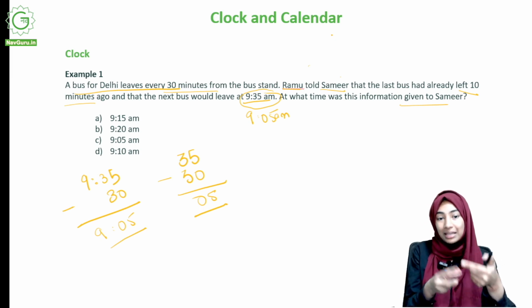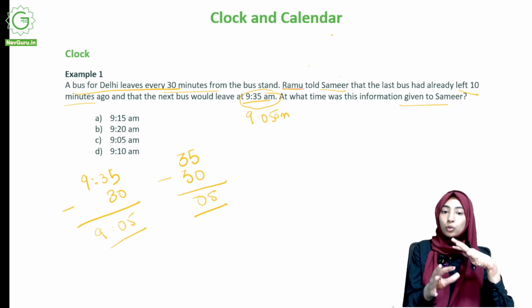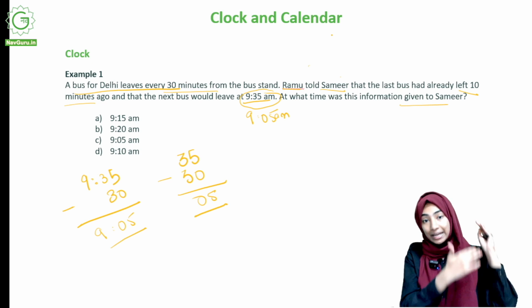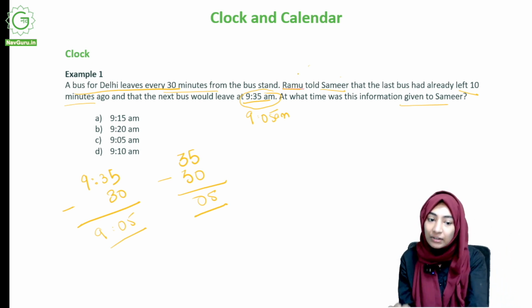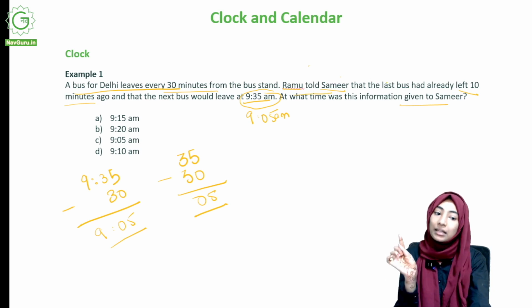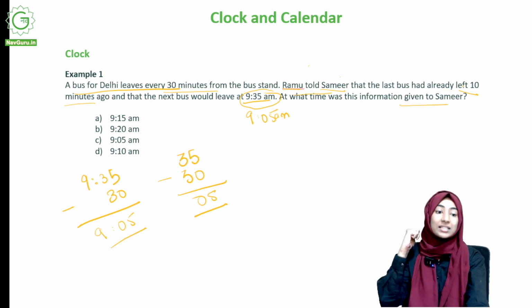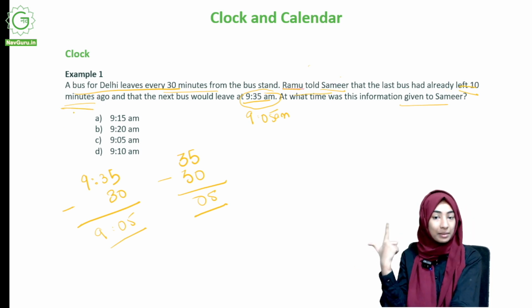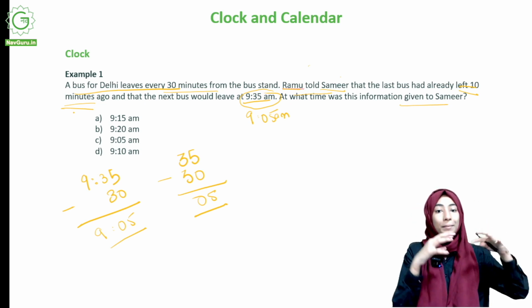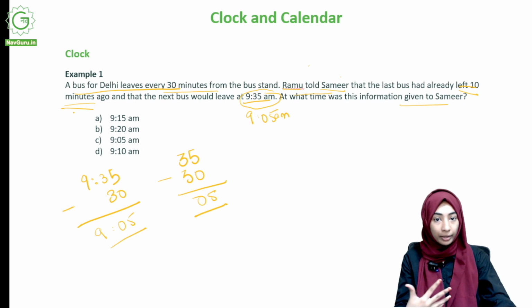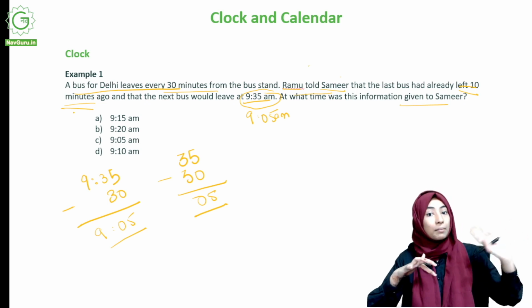So what does that mean? Ramu talked to Samir about this 10 minutes after the bus left, right? Why? Because it's given that the last bus had already left 10 minutes ago. What does 10 minutes ago mean? 10 minutes before. So basically Ramu and Samir talked about this 10 minutes after the bus had left.